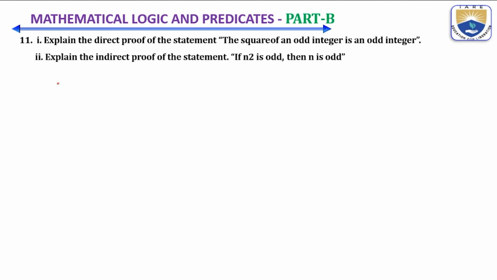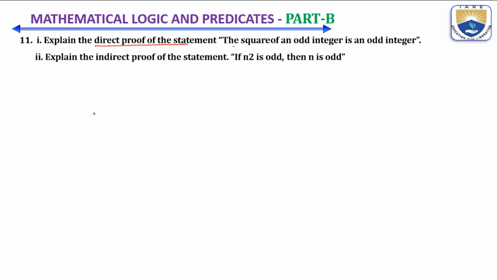So let us go for the direct proof of the statement, the square of an odd integer. We are going to take the contrapositive for this, the equivalent form.